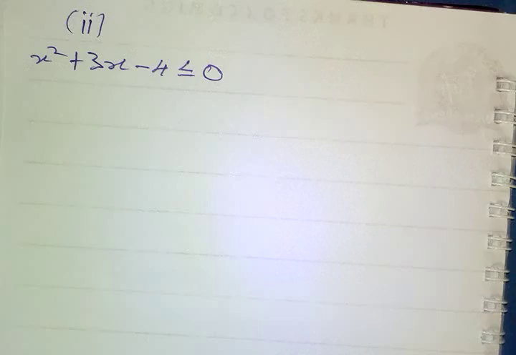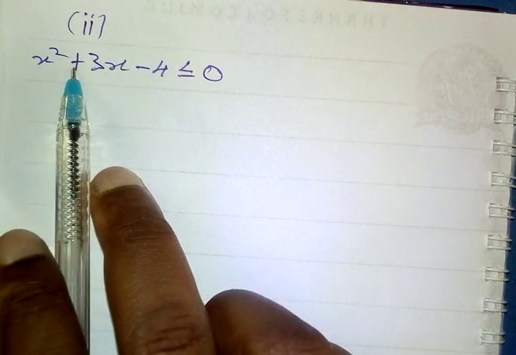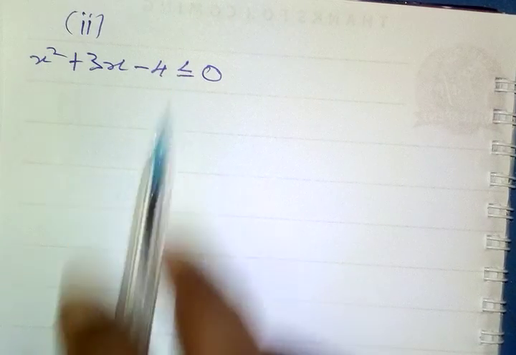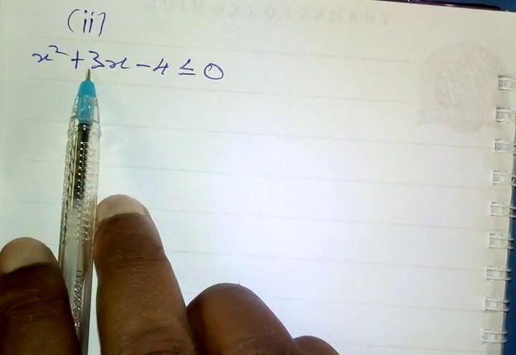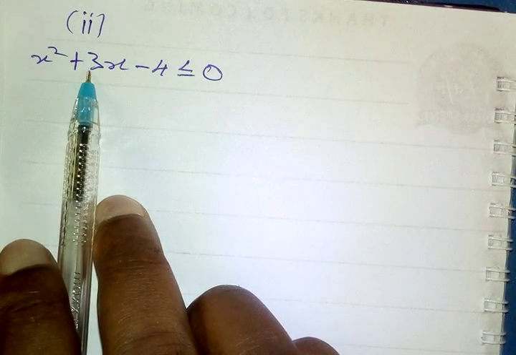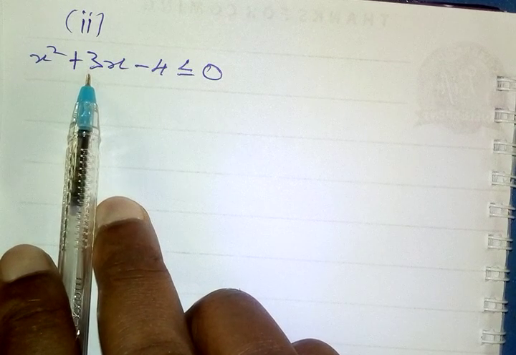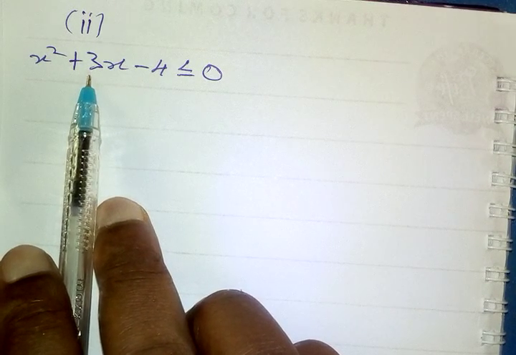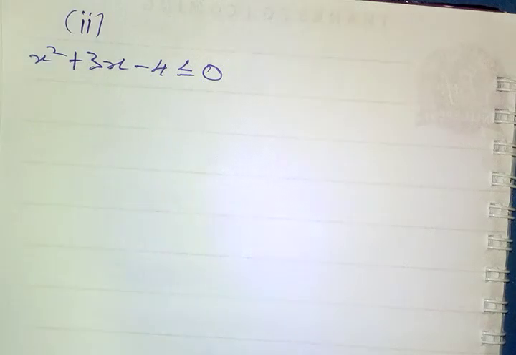Okay, so number 2, we're having x plus 3 times x minus 4 is less than or equal to 0. Again, I have to factorize the left side of the inequality, the trinomial.